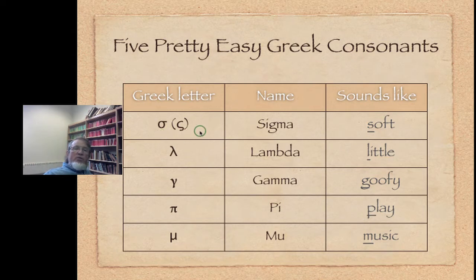You may wonder why there are two different forms of the letter, and the answer is that for this particular letter, sigma, if the sound occurs as the final sound of a word, the convention, the tradition, is to write it in this form, the one that looks like our printed S. Anywhere else in the word, the convention is to write it this way.